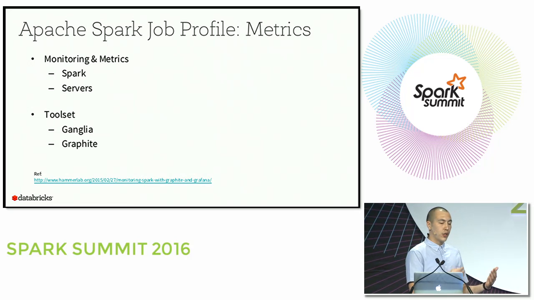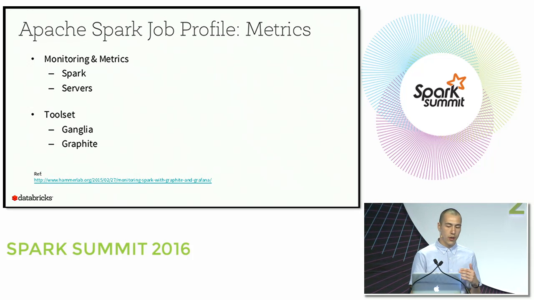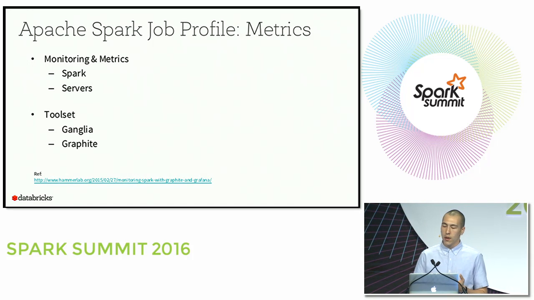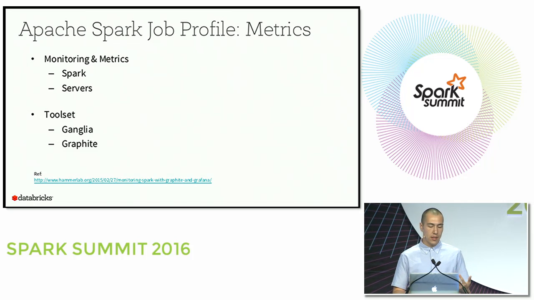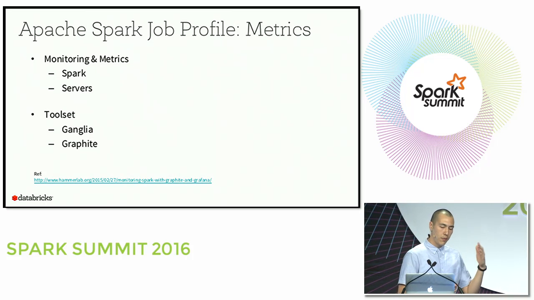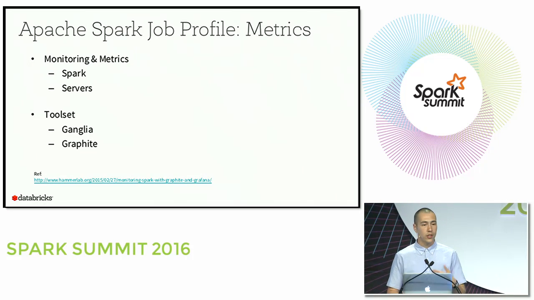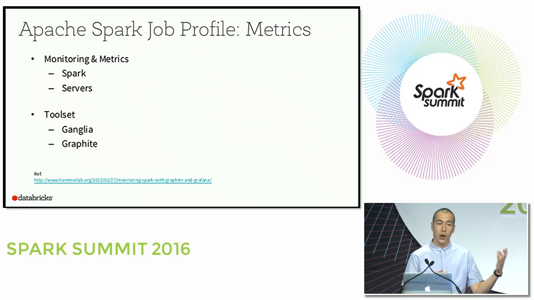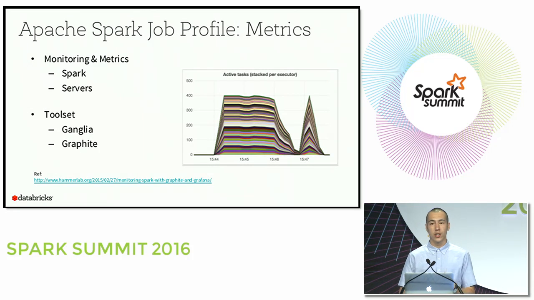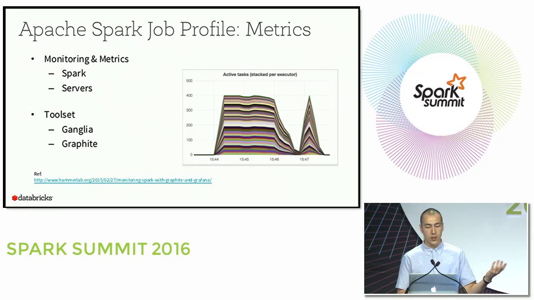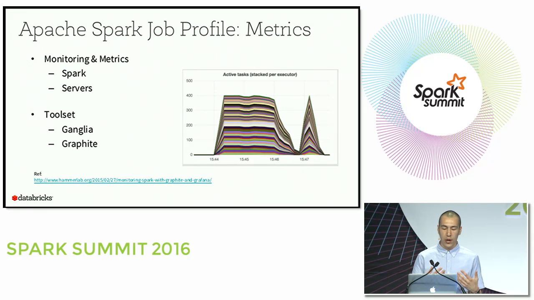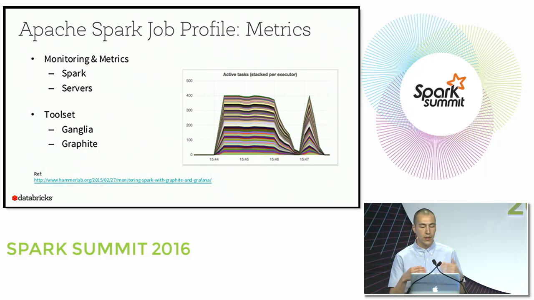There's a few other things that you should be doing when you're running your Spark applications. Most of this should be set up. There's great tools called Ganglia and Graphite to help do this monitoring of Spark itself, as well as the servers that it's running on. So there's two levels that you need to monitor. You need to monitor Spark, and here's a picture from Graphite to see the number of active tasks per executor stack ranked.